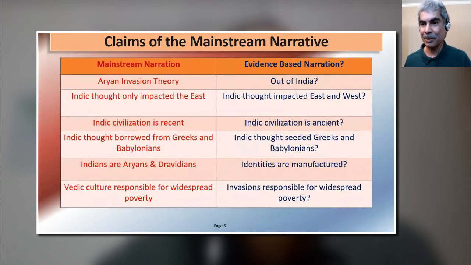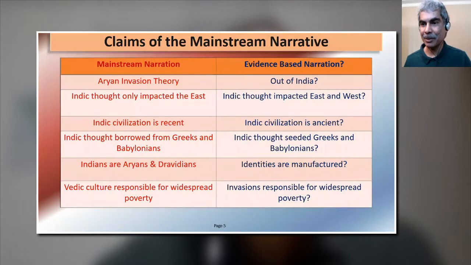They say Indic thought impacted only the East, but we see it impact the East and the West. They say Indic civilization is recent, but we can show that it is very ancient. They say anything of value in India, whether it is mathematics, astronomy, or whatever, has been borrowed from the Greeks and Babylonians. However, we can show that Indian thought has seeded the Greeks and Babylonians.